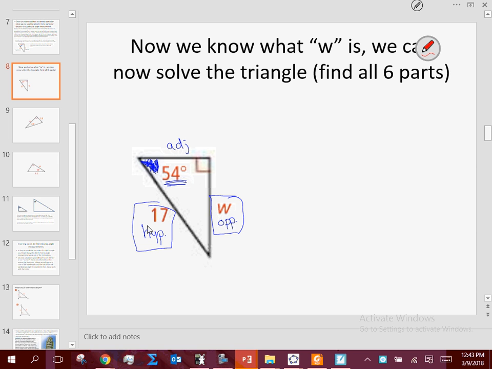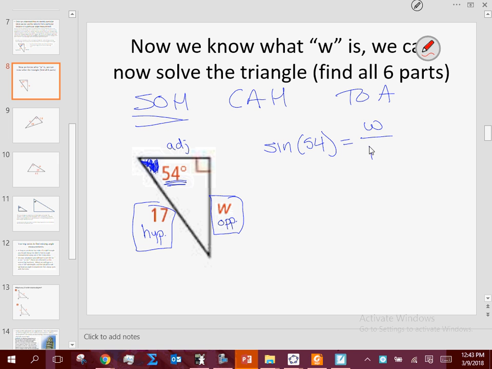So if those are the parts I'm going to use, opposite and hypotenuse, what trig ratio uses opposite and hypotenuse? Sine. Okay? So I'm going to say sine of that angle, 54, is equal to opposite, which we knew to be W, divided by the hypotenuse, which is 17, right?